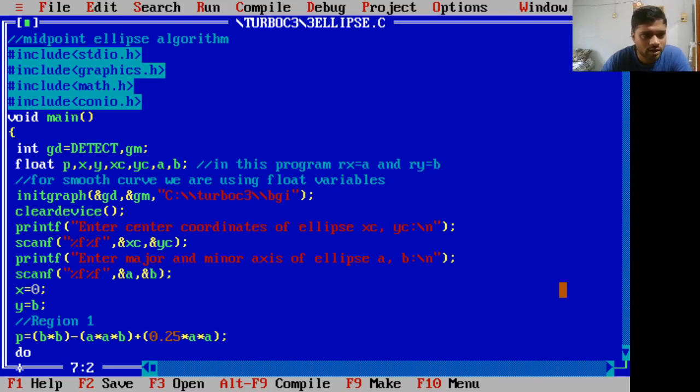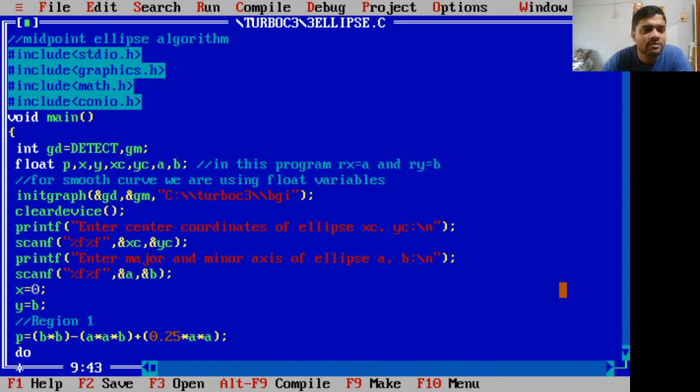Instead of using a separate function, the whole program has been made inside void main, so there is only one function, void main. int gd equal to detect comma gm. I am using float variables p, x, y, xc, yc, a, b, and in this program rx equal to a and ry equal to b.